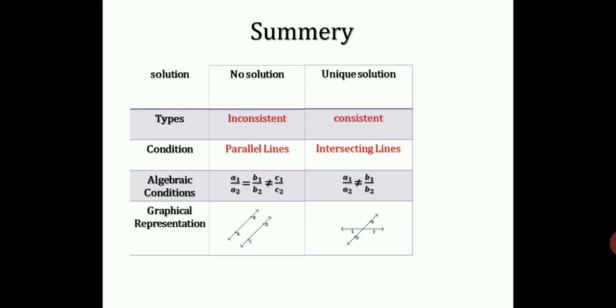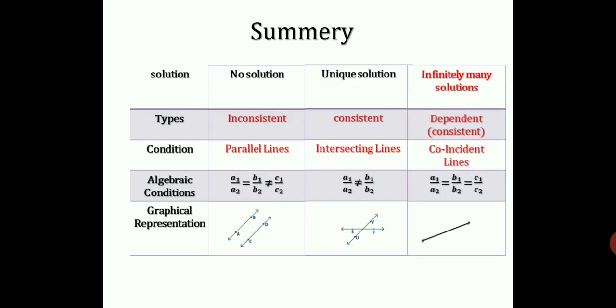And the third type is infinitely many solutions, that is coincident lines. The type is dependent consistent because they have infinitely many common points. So the two lines lie exactly on each other, so the ratios are all the same: a1 by a2 is equal to b1 by b2 is equal to c1 by c2.